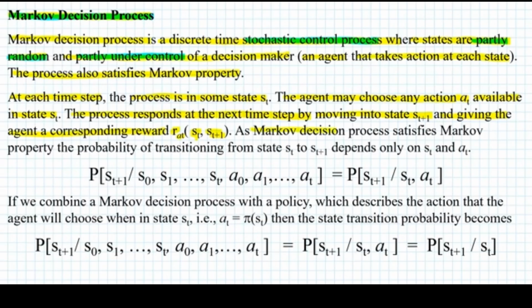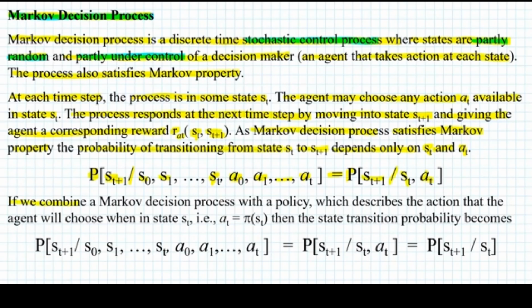And as this process satisfies the Markov property, the probability of transitioning from state st to st+1 depends only on the present, that is state st, and the action at. So we can write probability of st+1 given s0, s1 up to st and a0, a1 up to at is equal to probability of st+1 given st and at.